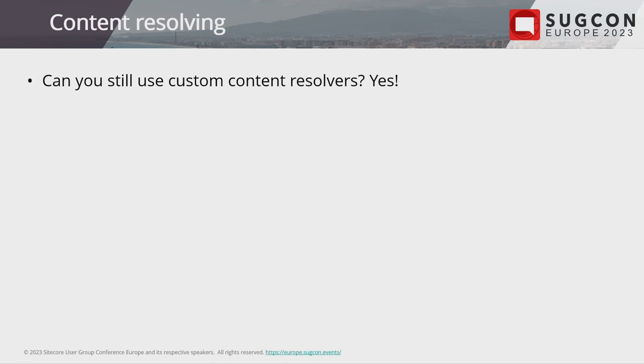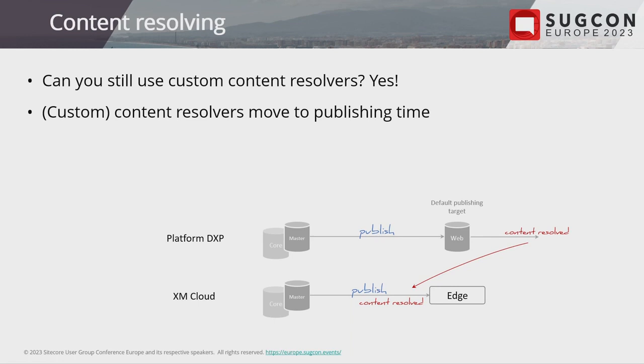But there's a change in the content resolver, well, actually the place where content is being resolved. As I showed you in the publishing change, the content is no longer resolved at request time, but at publish time. And that actually means that your content resolver is not impacted by a cache invalidation. But it also means you can't dynamically render content.